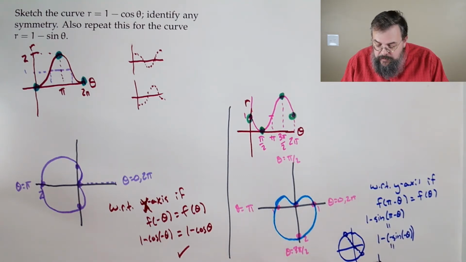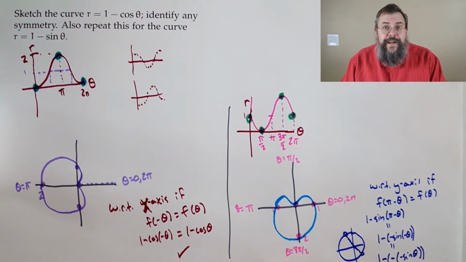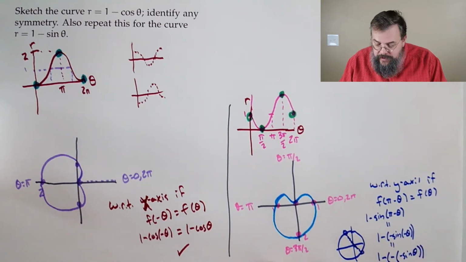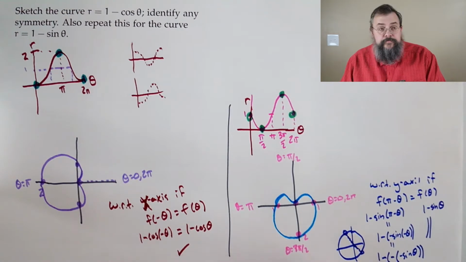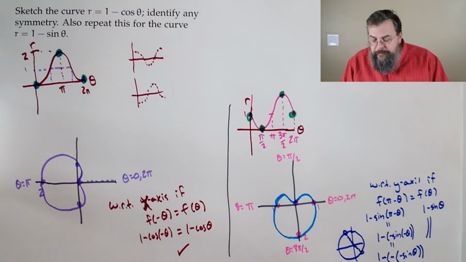So this is 1 minus sine theta. Okay, and now I say, wow, 3 negatives all lined up in a row. Well, that becomes, lo and behold, 1 minus sine theta. And therefore, it has the symmetry. Great, perfect, just what we need.